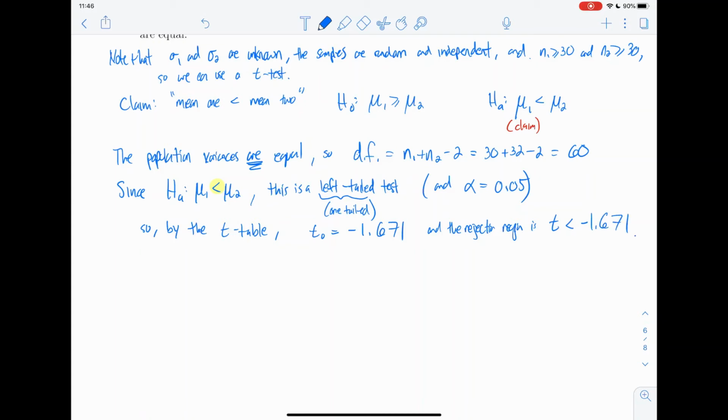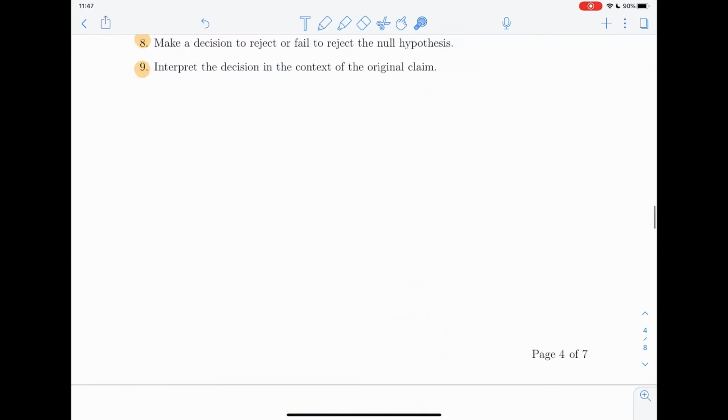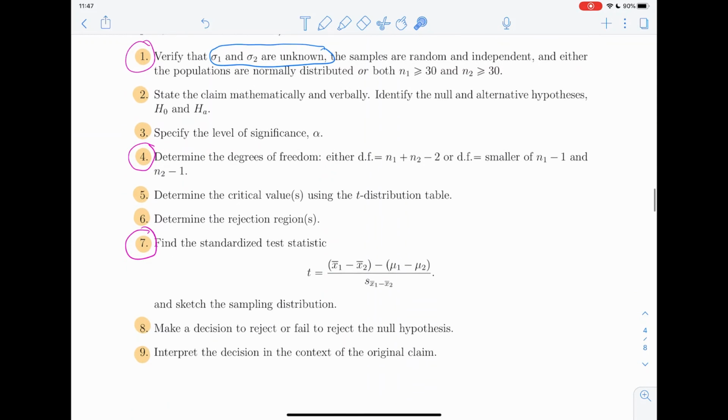So now we need to actually take the data from the problem at hand, convert it into a standardized test statistic, and then compare that to this proposed rejection region. The standardized test statistic, as we see in this breakdown, is still going to be the observed difference minus the hypothesized difference over the standard error.